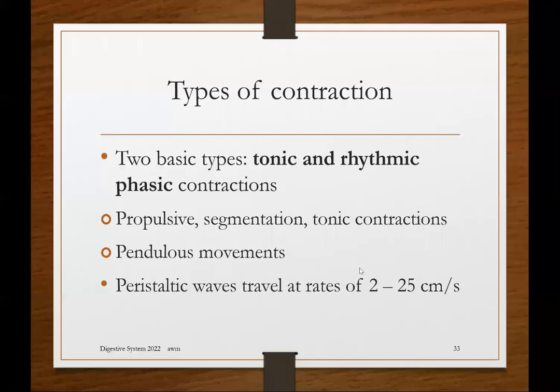Because you have the serosa, and this fluid prevents the serosa from different segments from adhering to one another. So that even as you're getting motility and mixing within a particular region, they slide over one another, and that's what provides the pendulous movements.